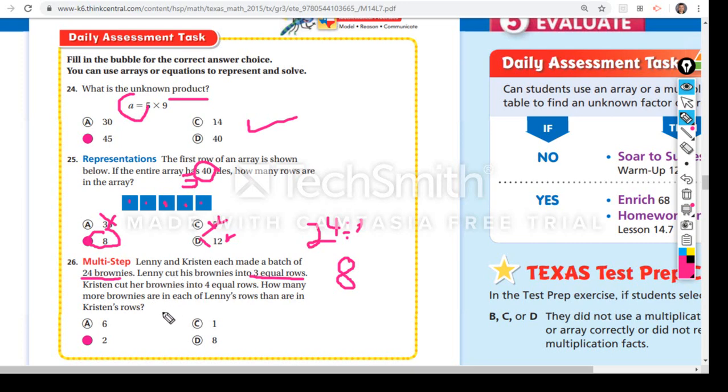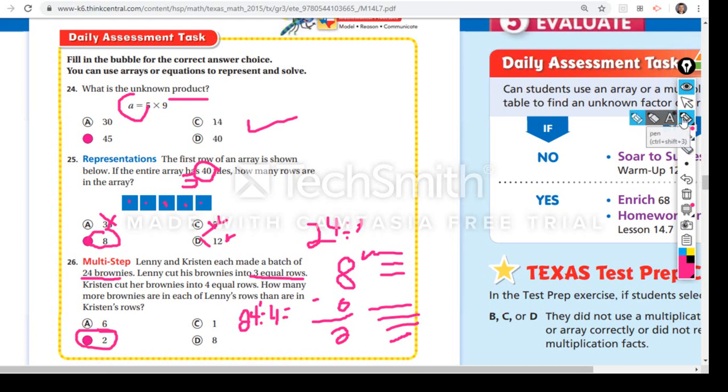So they both have 24 brownies, but Lenny cut his into 3 equal rows, and Kristen cut hers into 4 equal rows. So 24 divided by 4 equals 6. They want to know how many more Lenny has, so we subtract, and the answer is 2. That's how we got 2 here.